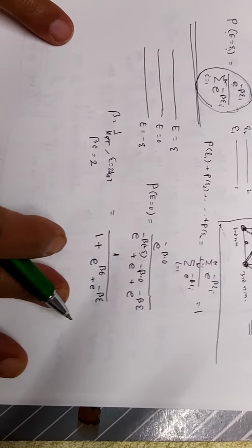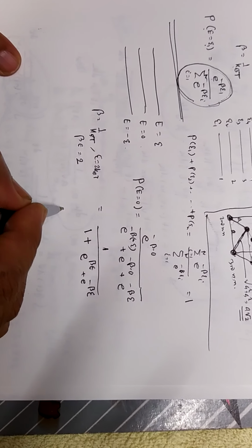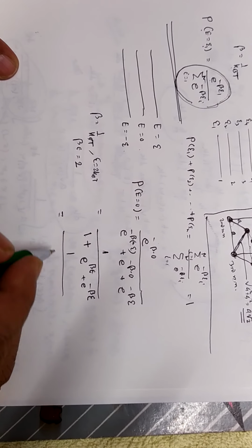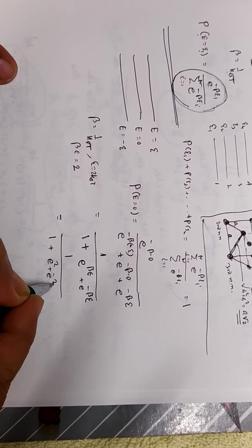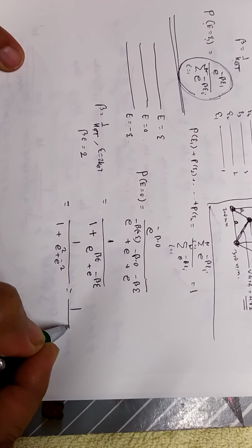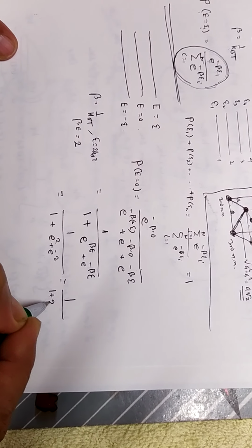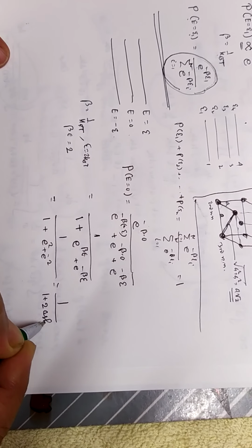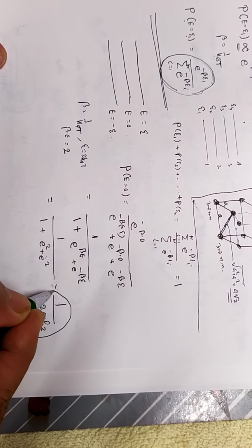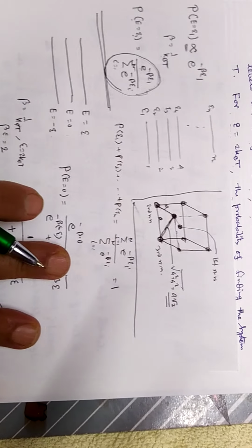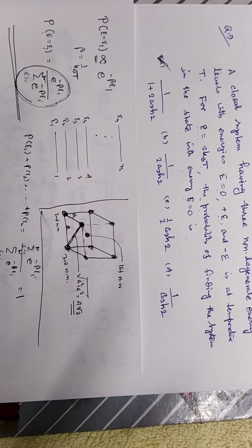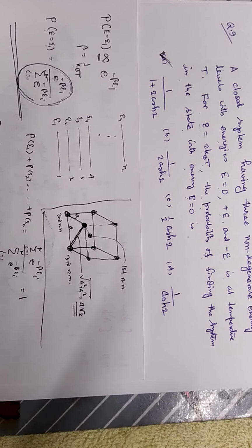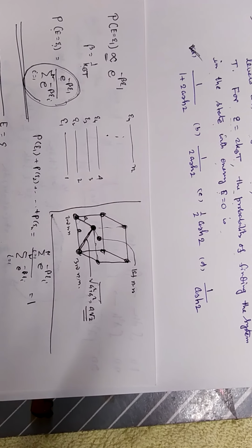If I put it here, then this would be equal to 1 by 1 plus e to the power 2 plus e to the power minus 2, which is nothing but 1 by 1 plus twice cosine hyperbolic 2. So this is the answer. Now you see there is a choice that reads 1 by 1 plus 2 cosine hyperbolic 2. So this is the answer, and this is a very common problem.